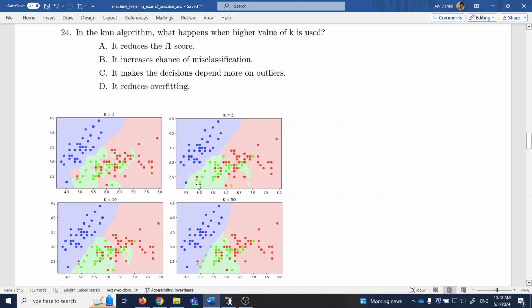You see that more green points are nearby, so you probably want to classify this point as green. Or maybe over here it's classified as blue because if you look at bigger neighborhoods, you actually contain more blue. Okay, so that's the way that k is used for k nearest neighbors, and as you can see, it reduces overfitting.